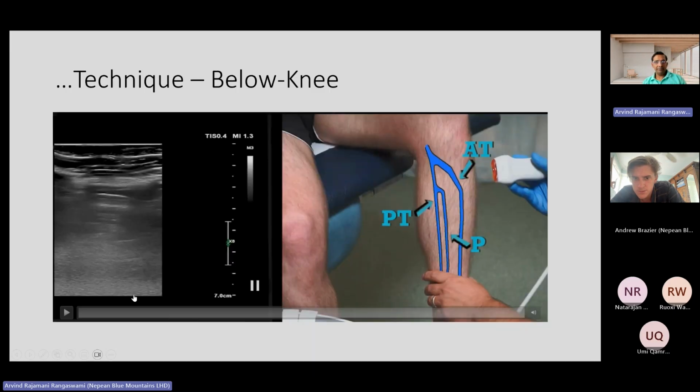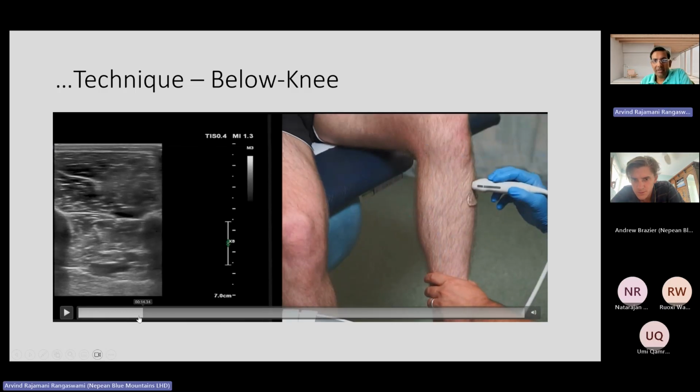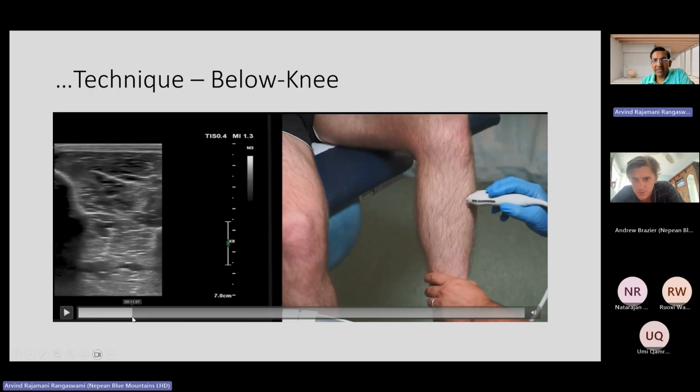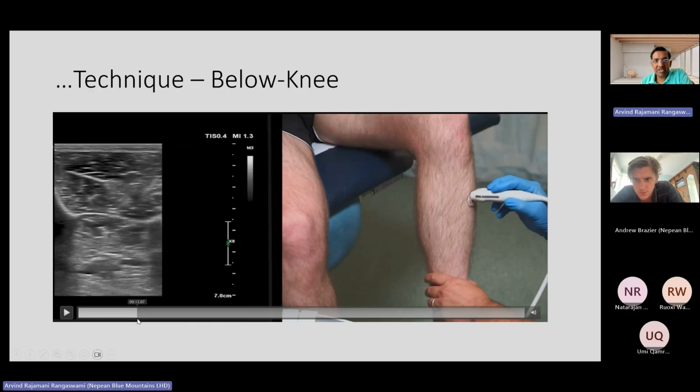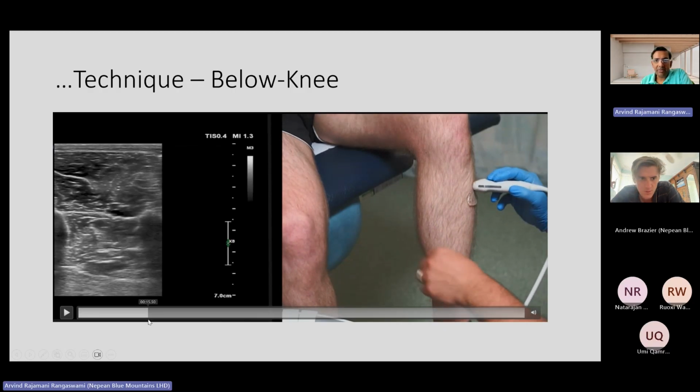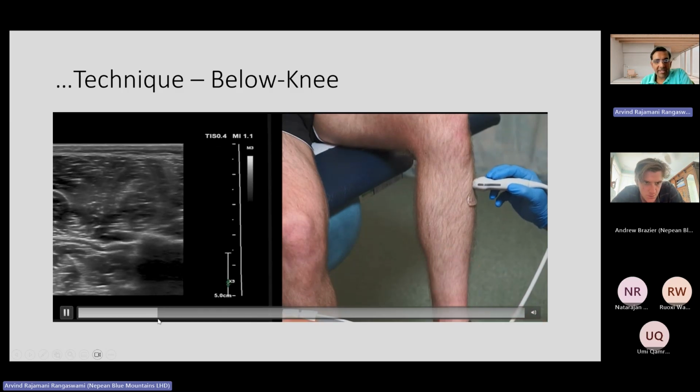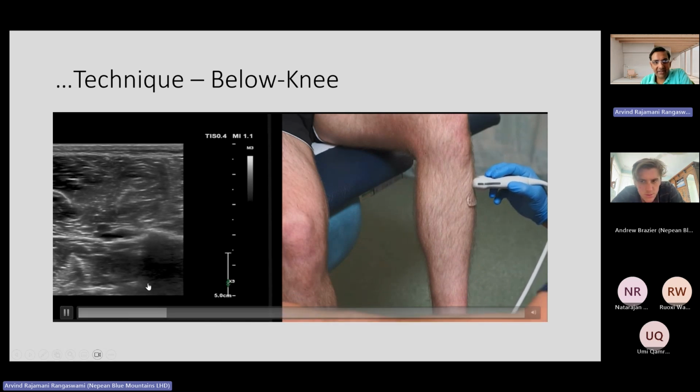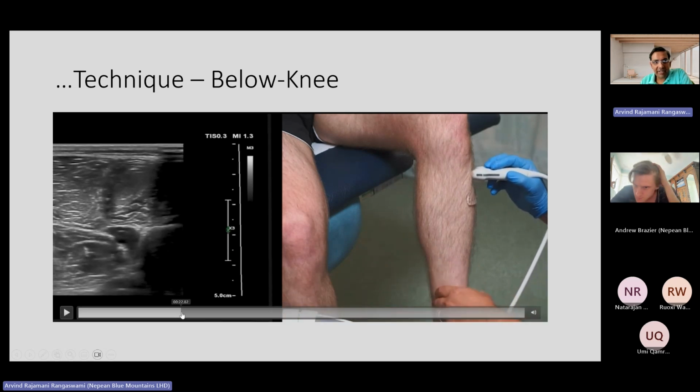Okay. So as you're scanning, what you do is you go just lateral to the tibial tuberosity, you apply some gel, okay, and same thing, probe marker is transverse facing the 9 o'clock position, and as you're scanning here, you'll start seeing the veins here, okay, and that's your anterior tibial vein.